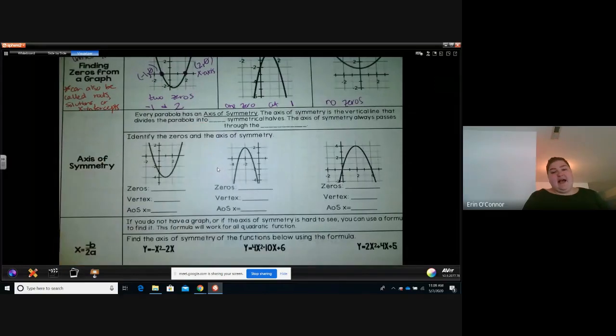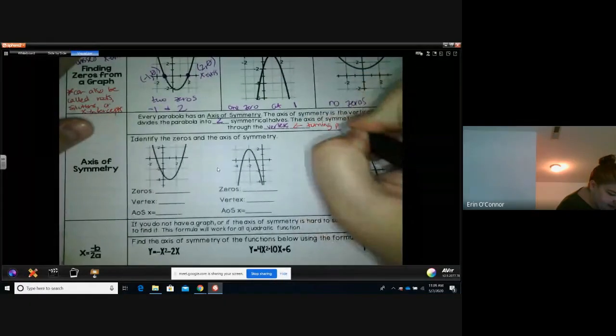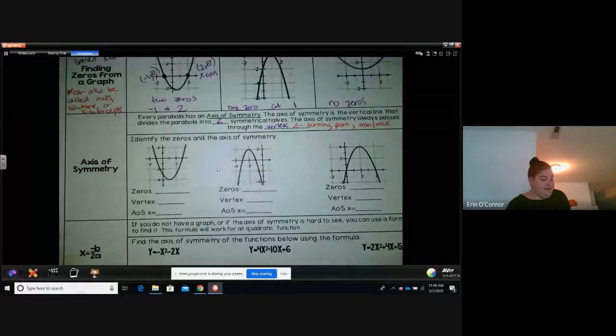The axis of symmetry is the symmetrical line through the turning point, also known as the min or max of the graph, of the parabola.